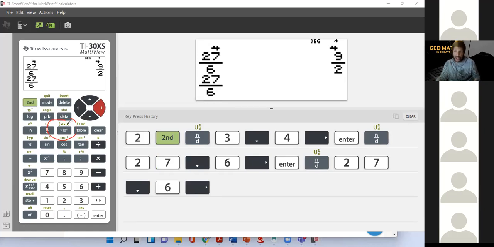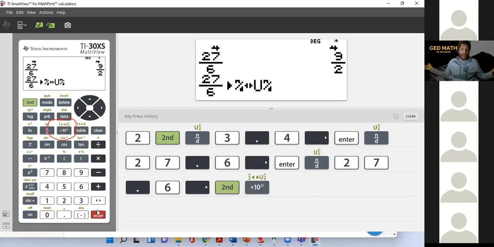That means anytime you see an arrow, it's to convert. So if I want to change an improper fraction to a mixed number, that means I'm going to hit my second, hit the times 10 to the n, and press enter. Now I got my mixed number. Those are the basics. You want to learn the basics of this calculator because when you go into this test, it'll make it a lot easier for you.